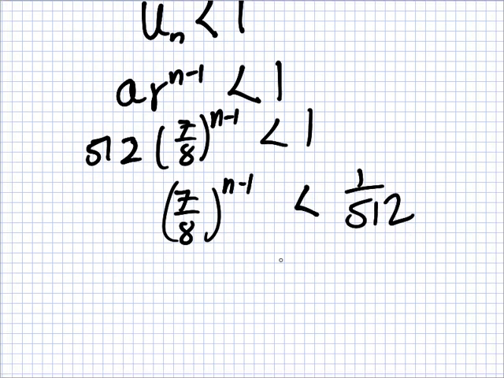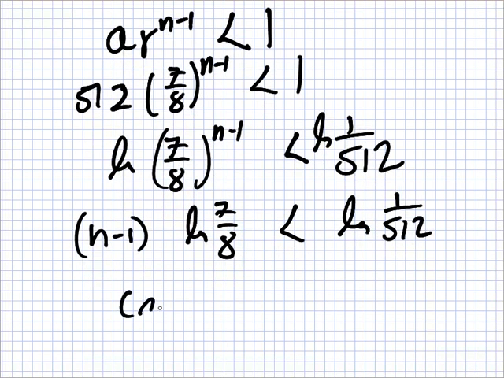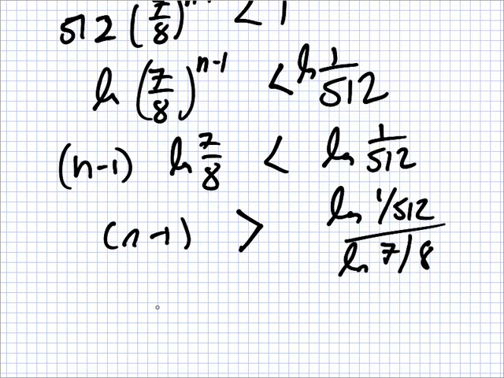Log both sides. So you get n minus 1 log 7/8. I'll just leave it like this for one moment there, over that. So n minus 1 needs to be bigger than log of 1 over 512 over log 7/8. What's the right hand side here? 46.0.71.